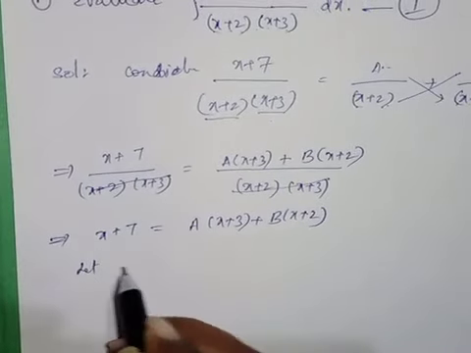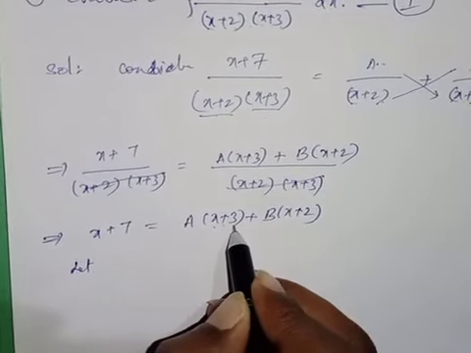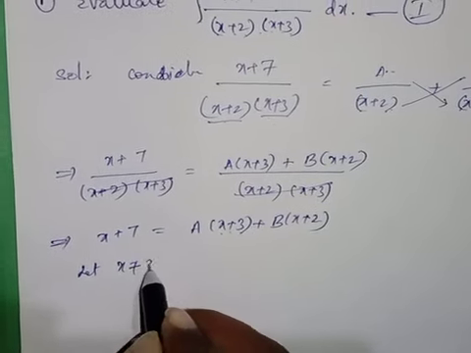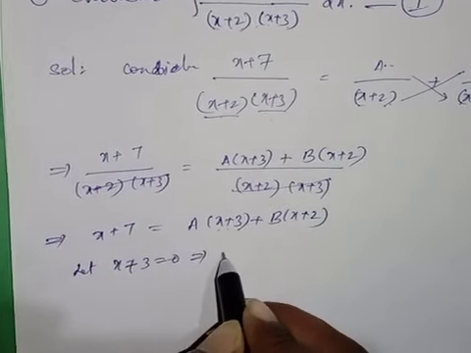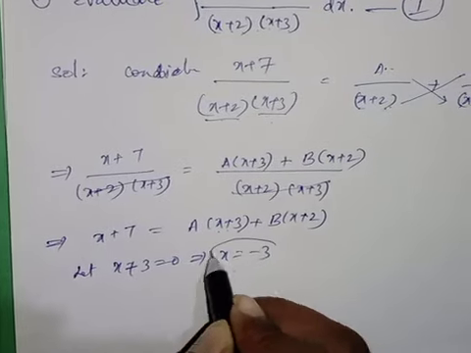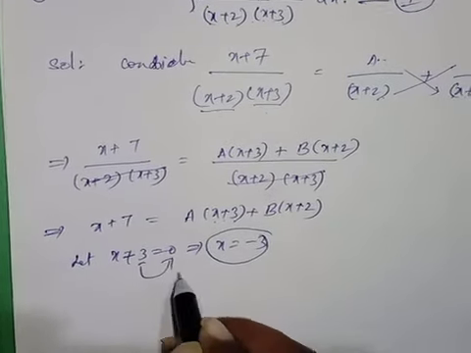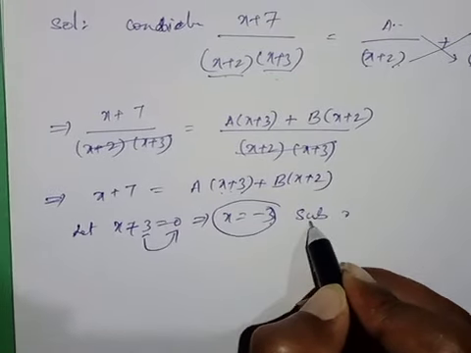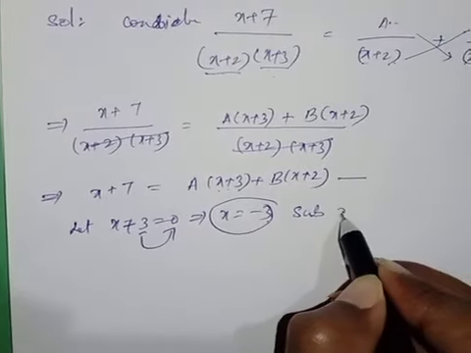Here, let x + 3 be equal to 0, then x is equal to minus 3. If we transfer 3 here, it is minus 3. Substitute this value in the above equation.